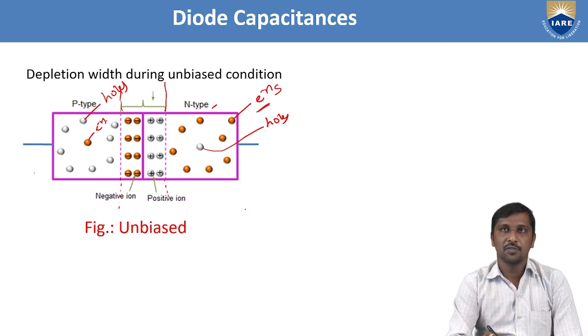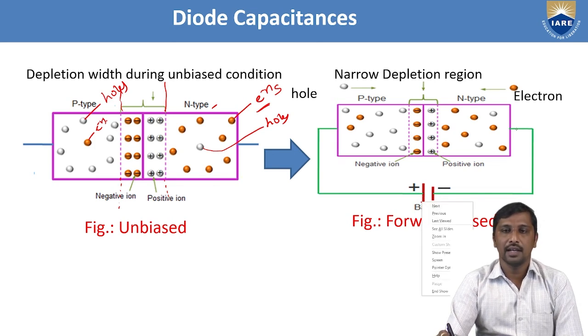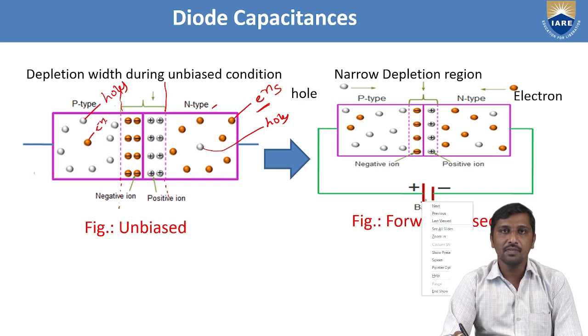If you are applying the forward bias, I'm showing the forward bias condition here. This means the P type is connected to the positive pole of the battery, and the N type is connected to the negative pole of the battery, and this type of biasing is your forward bias.